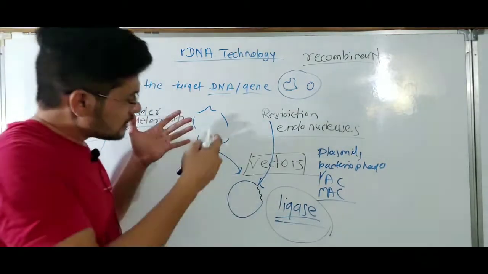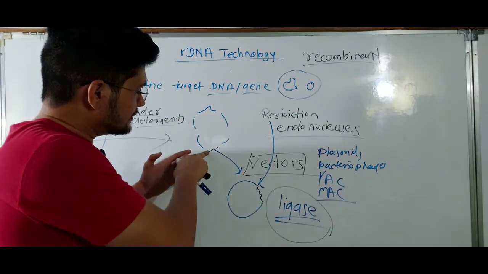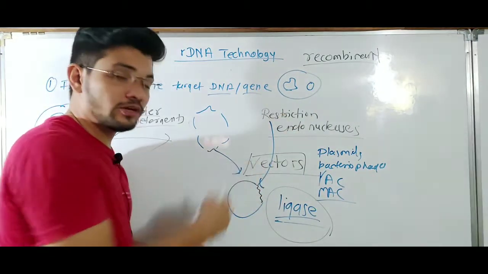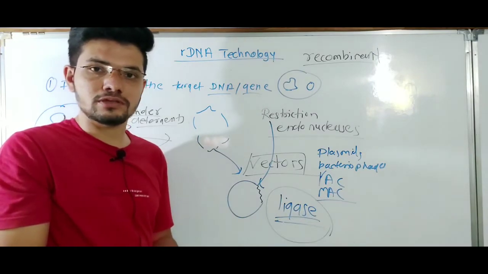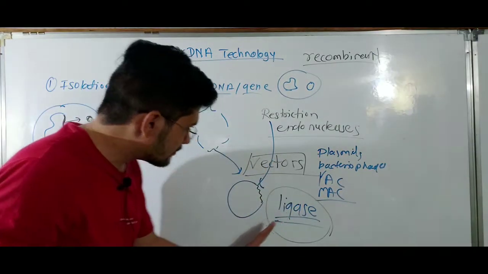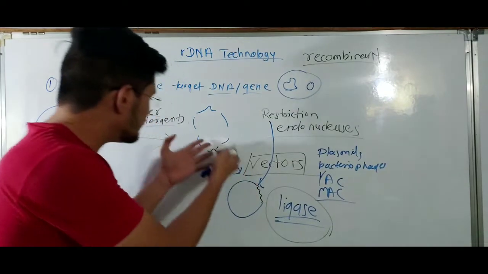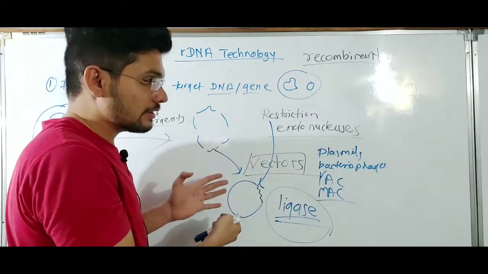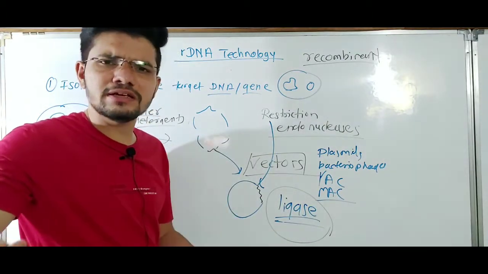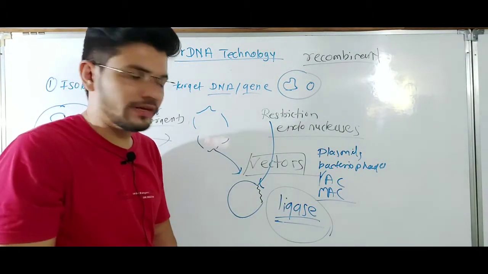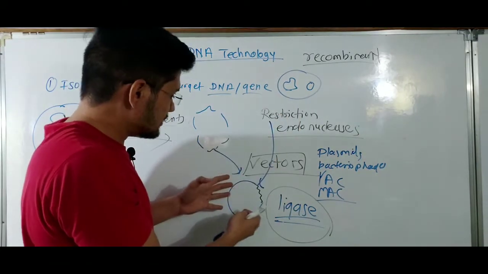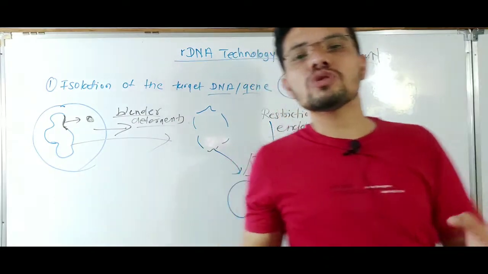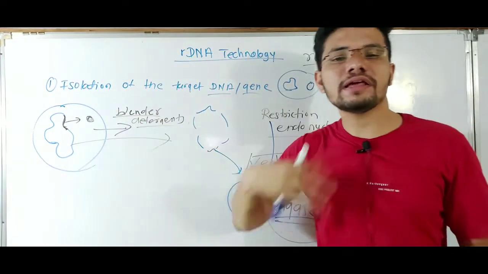Ligase is going to join this target DNA, which is going to produce insulin, into the plasmid, into the vector, right? So this DNA, which is the combination of the human gene and the bacterial plasmid, is known as rDNA or recombinant DNA.